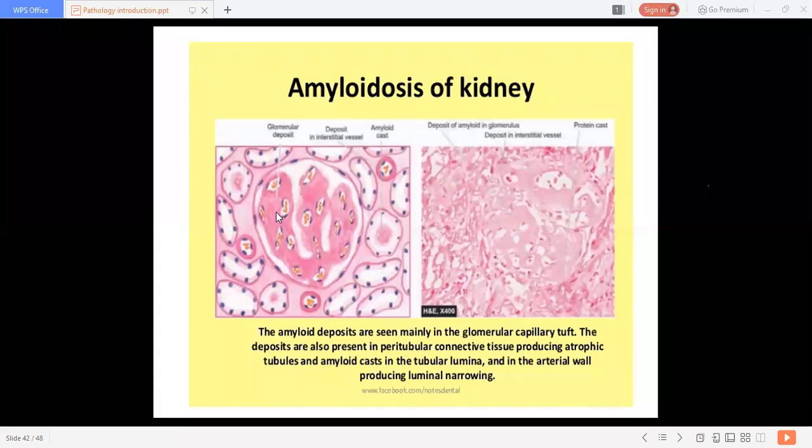It may develop in tuberculosis, leprosy, glomerulonephritis, or pyelonephritis, and later on it ends with renal failure. At this stage, the amyloidosis becomes irreversible.